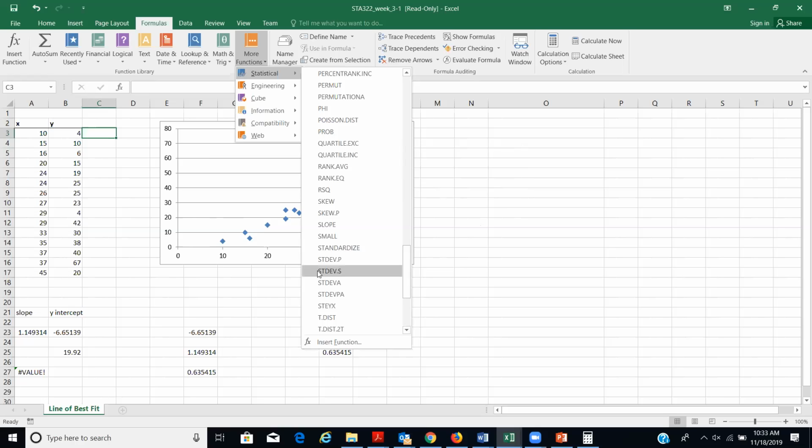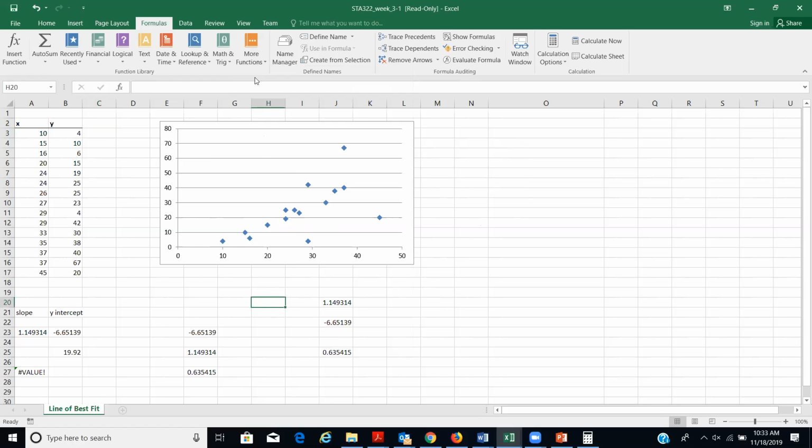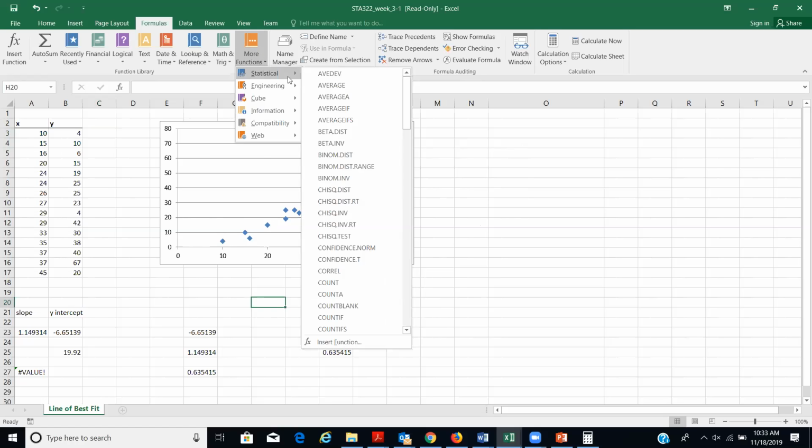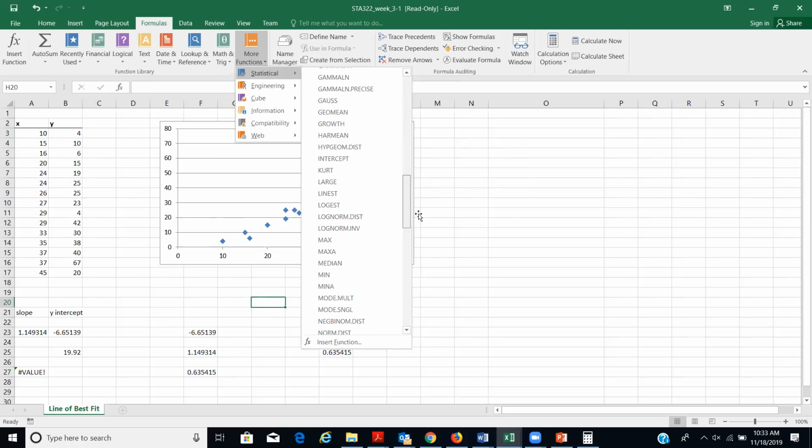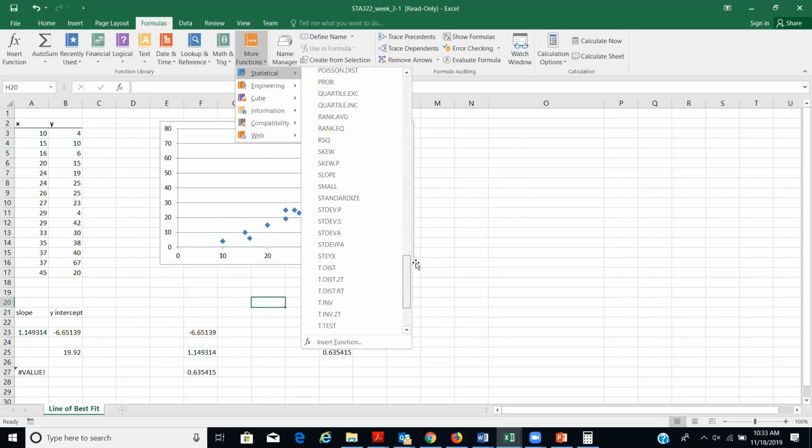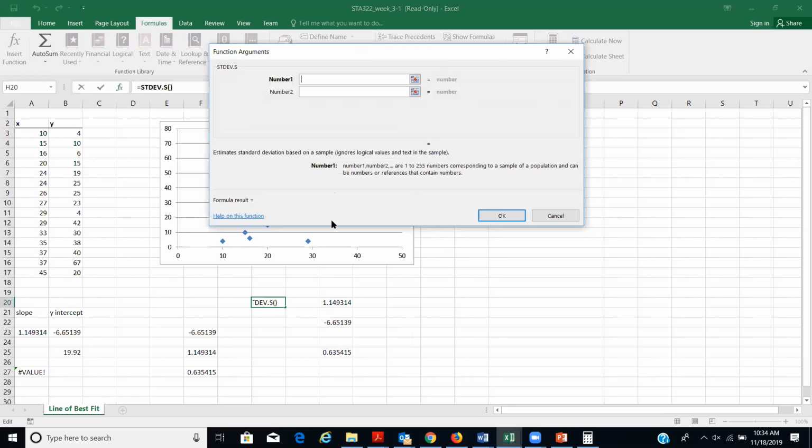So let's just calculate the standard deviation of y. Okay, I'm going to just click over here in a box, bring up the function. And again, Excel is a great way to do it. It's easy to calculate a standard deviation if you've got a small data set like 4 or 5 numbers, or even half a dozen.